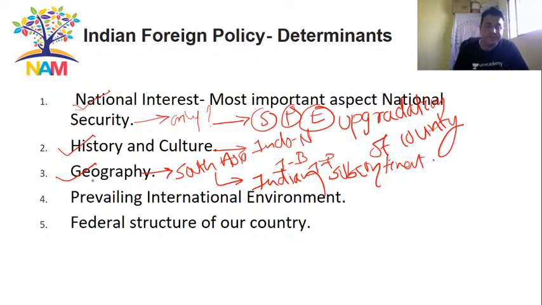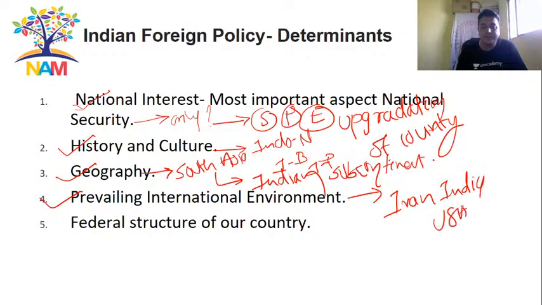Clear. Next, we mentioned the prevailing international environment, which we already discussed. We gave the example of Iran and India, which was affected due to the USA. Clear. So we already mentioned it.